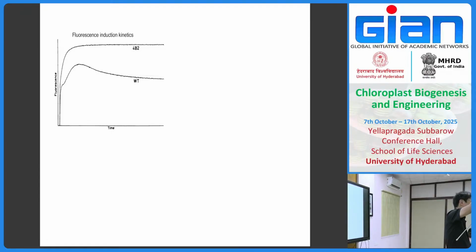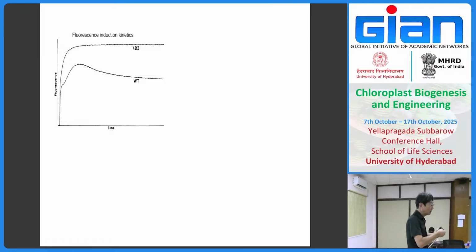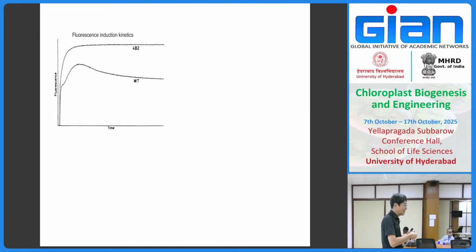And when QA or the plastoquinone pool is oxidized, fluorescence yield decreases. So in the wild type, it's very complicated kinetics. PS2 is reduced, but at a certain point it starts to oxidize because photosystem 1 extracts electrons from PS2, oxidizing the plastoquinone pool and the acceptor of PS2. So this means PS2 activity here in the wild type and also PS1 activity here.